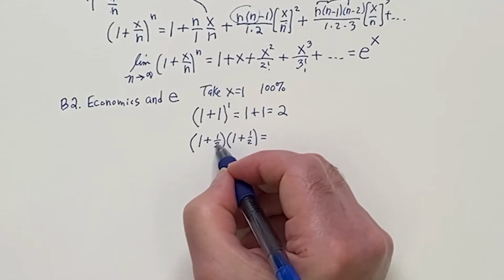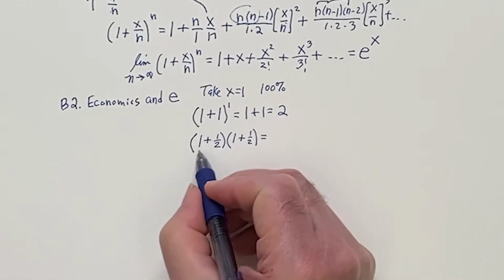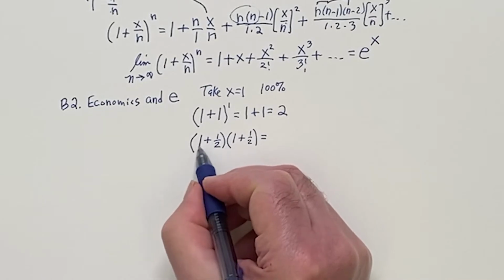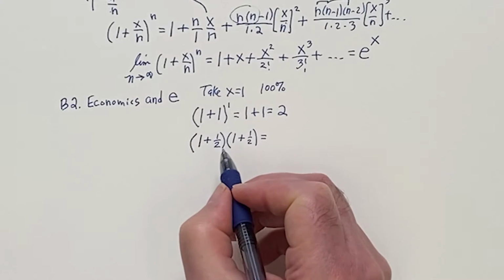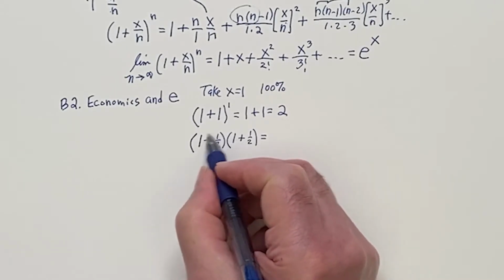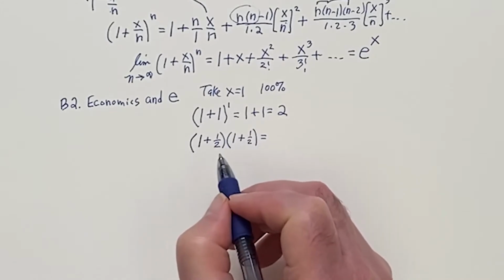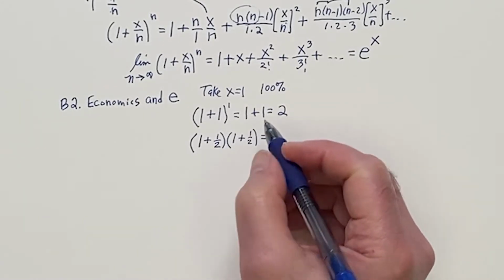But since you gain a little bit of interest, you're going to get interest on interest. So after 6 months, I have my $1 plus 50 cents. Then when I do the next 6 months, I get this whole thing back again, plus a half of it, because that's the idea, 50% over a 6 month period.